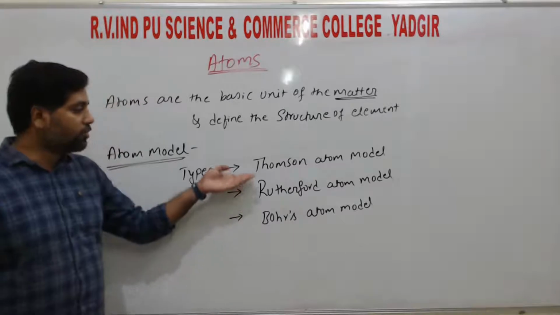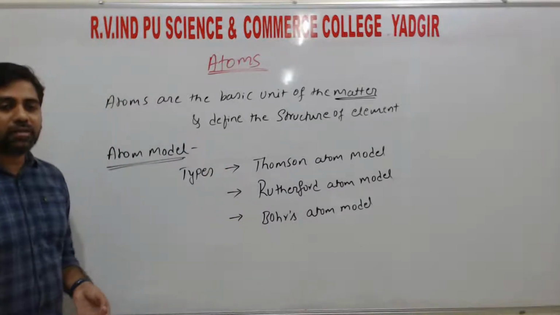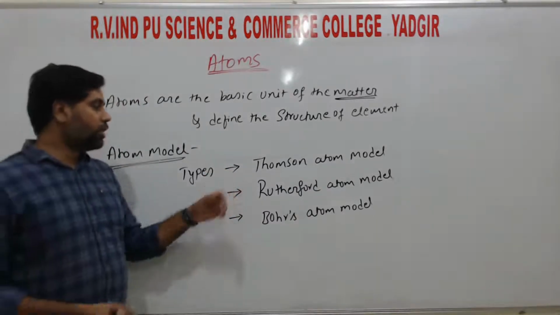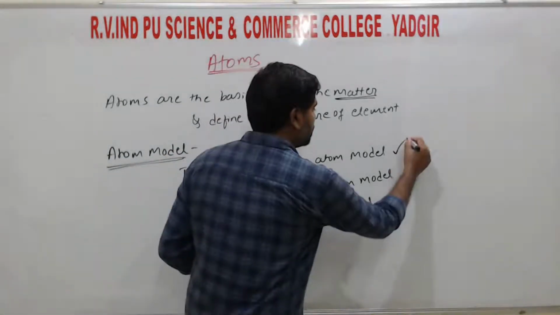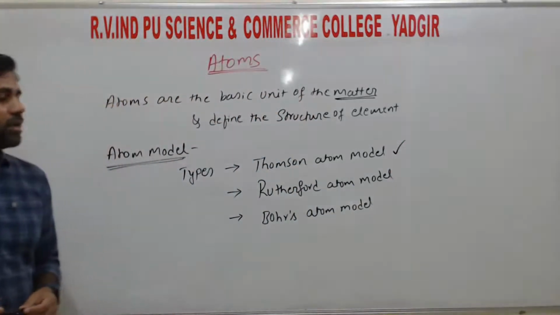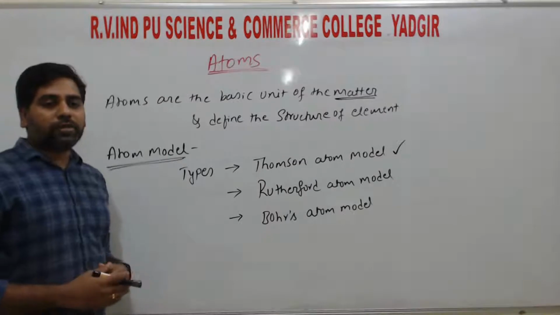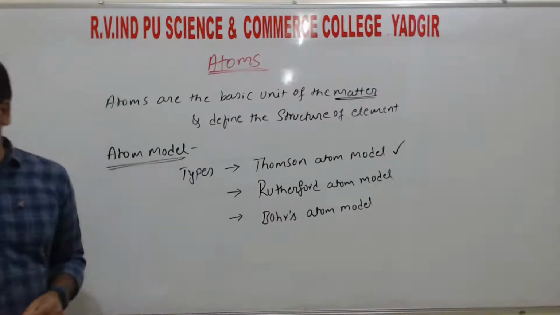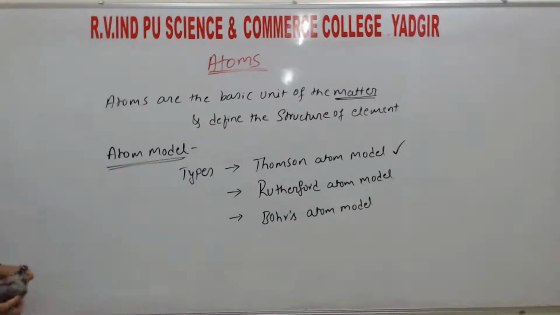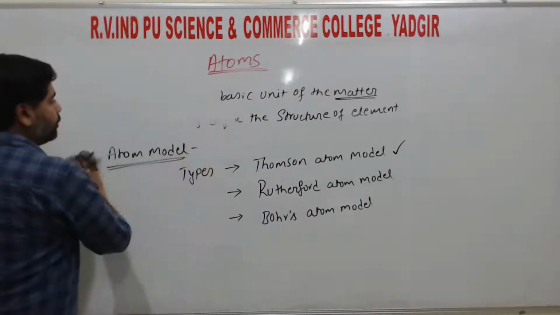Right? So in this chapter we will discuss these 3 models. If we start with the Thompson atom model, that is the first atom model which was proposed by J.J. Thompson.